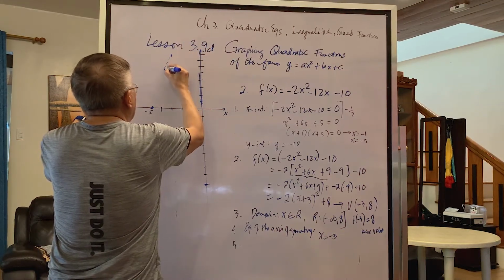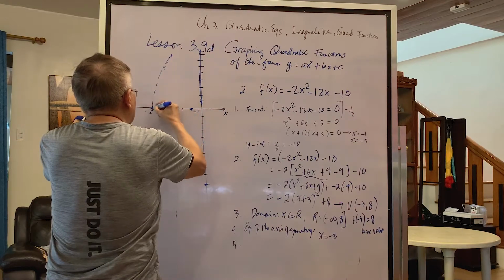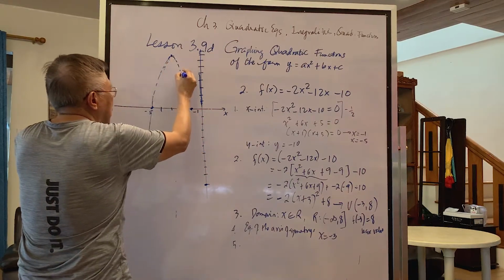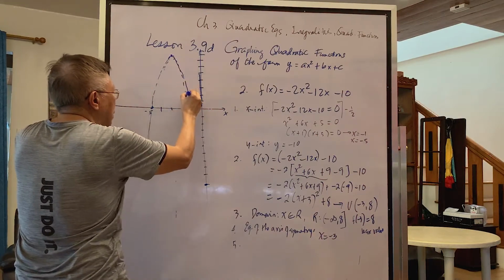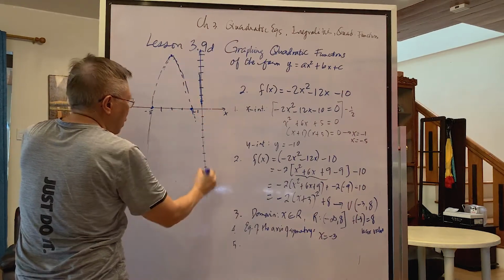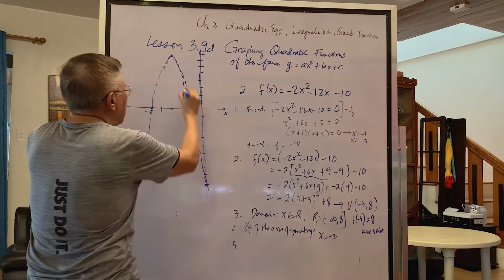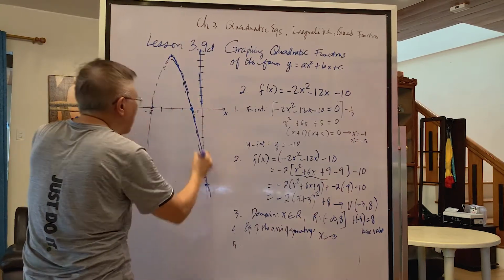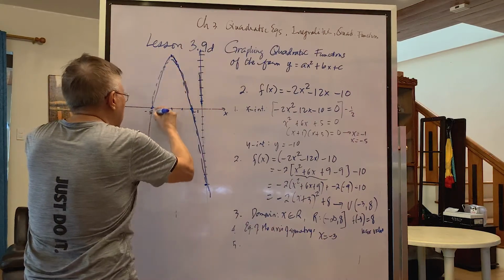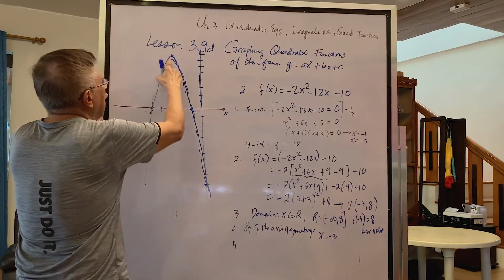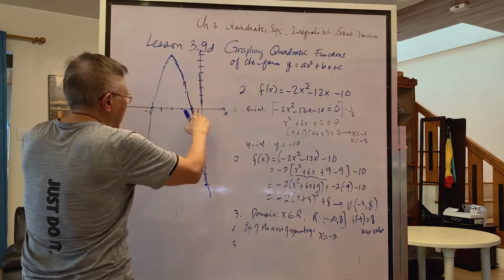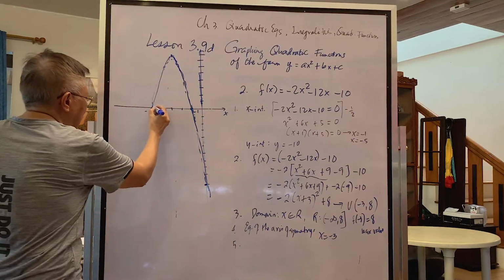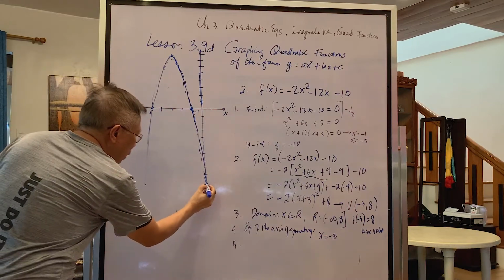So I'm now going to have this graph here going there, and this graph here. Okay, so it's a very narrow graph. Okay, that's approximately your graph concave downward, and I have here my y-intercept.